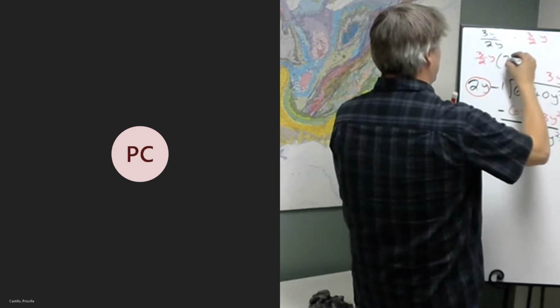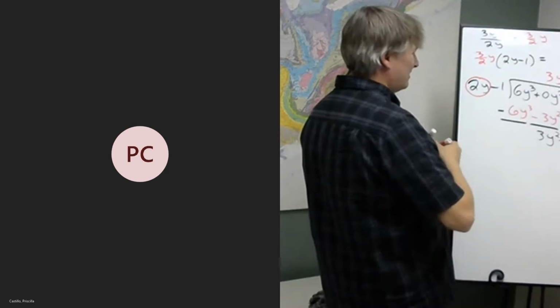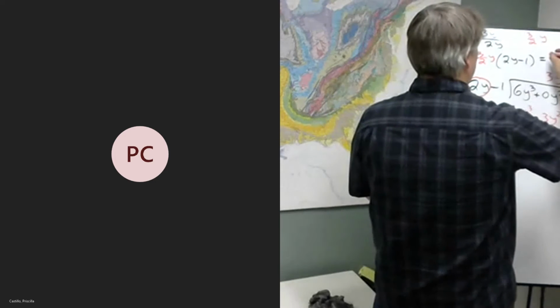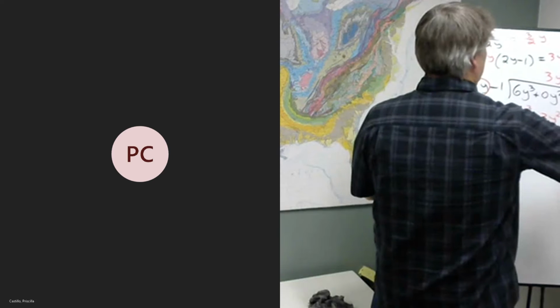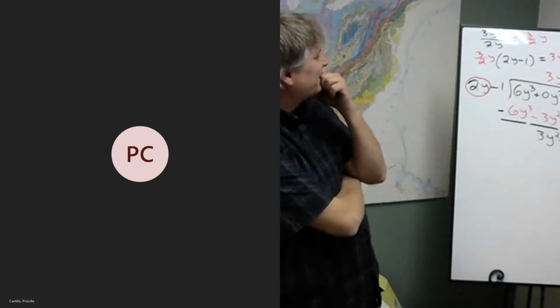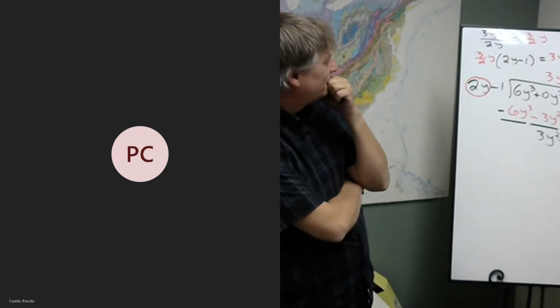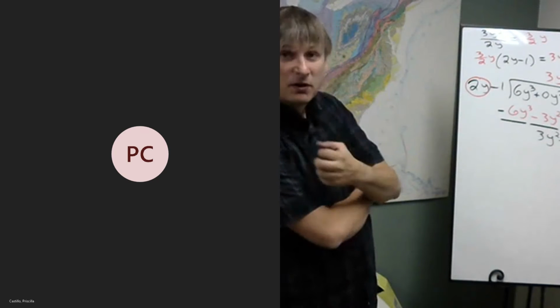We multiply by 2y minus 1. We're going to get 3y squared minus 3/2 y. Just let me check my arithmetic to make sure I didn't make any error. All right, so far so good.